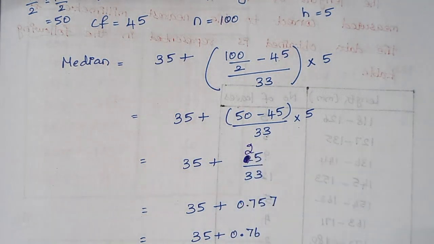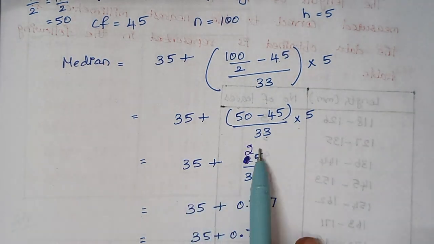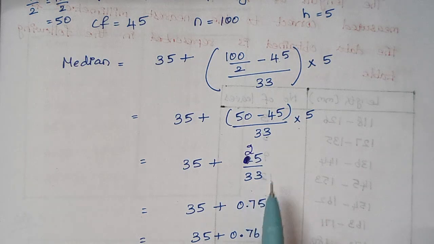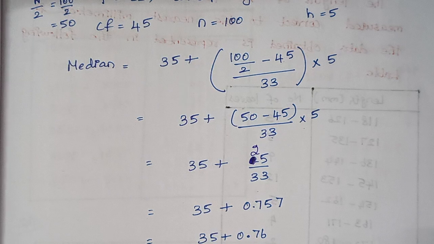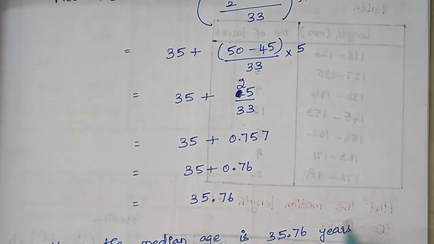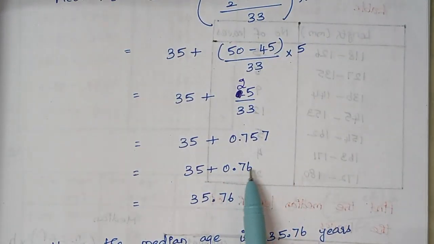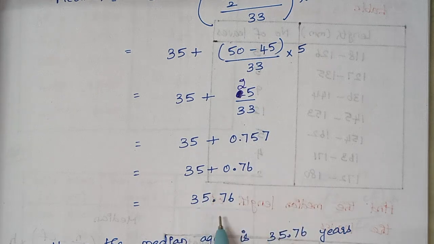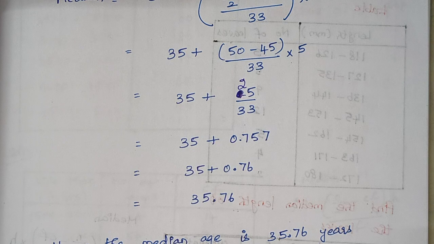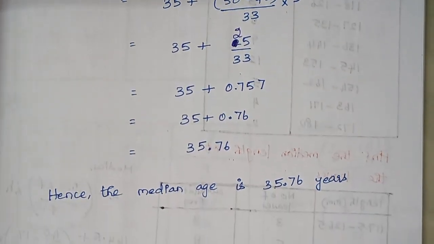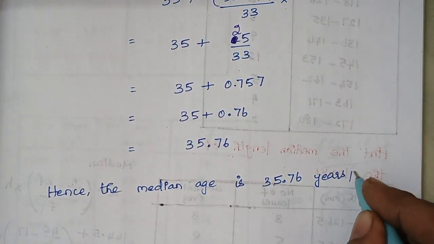So it is 35 plus 25 by 33. Once you solve, we get 0.757, which I am rounding to 0.76. Adding, we get 35.76. So the median age is 35.76 years.